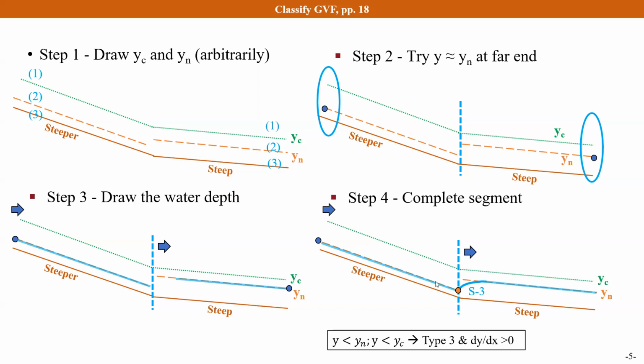Because the starting point of the transition, which is represented by the orange dot here, is located lower than the normal depth and the critical depth, therefore it is in zone 3.